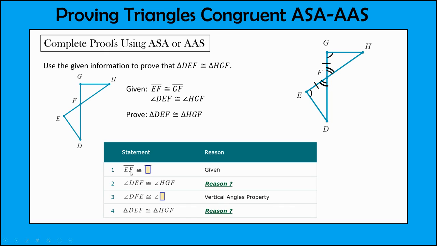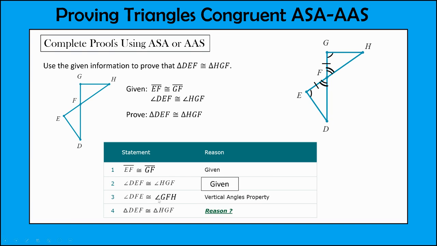So segment EF is congruent to, and right there I've got it, GF. That was a given. Angle DEF is congruent to angle HGF. That was a given. Angle DFE and angle GFH are congruent because they're vertical angles.